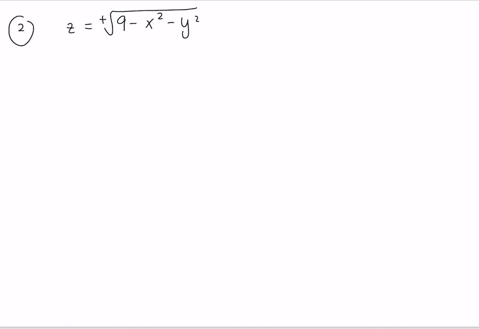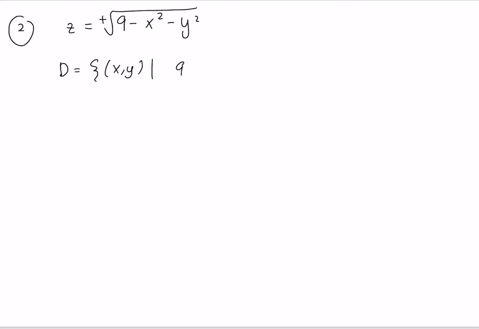So what is the domain? Of course, the restriction. This is the restriction for the square root.